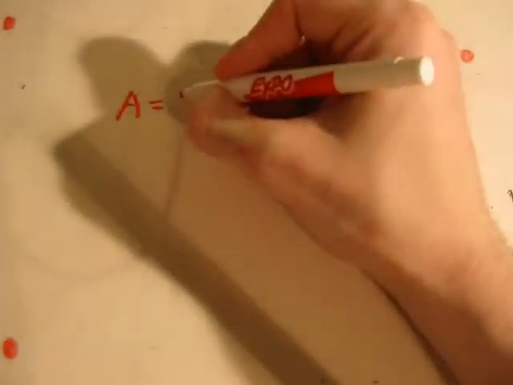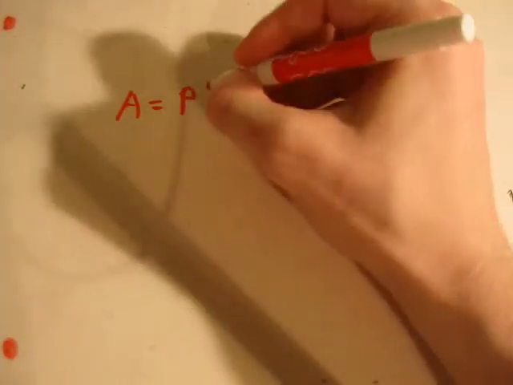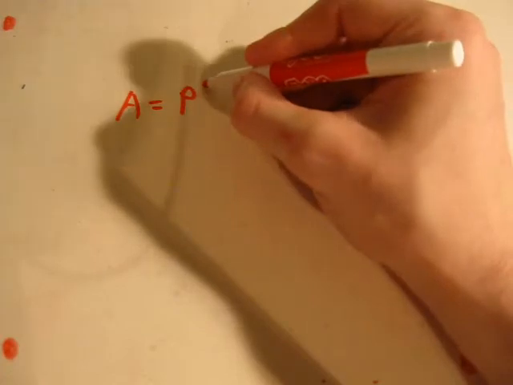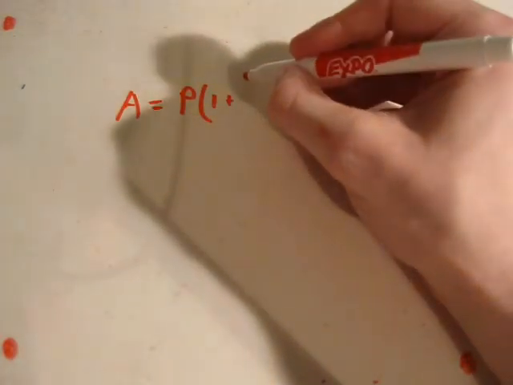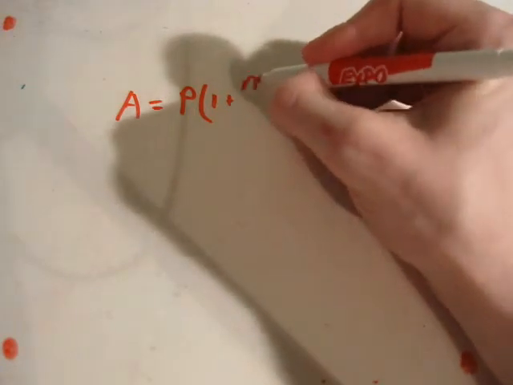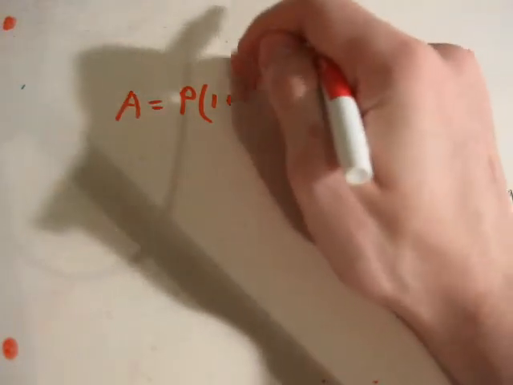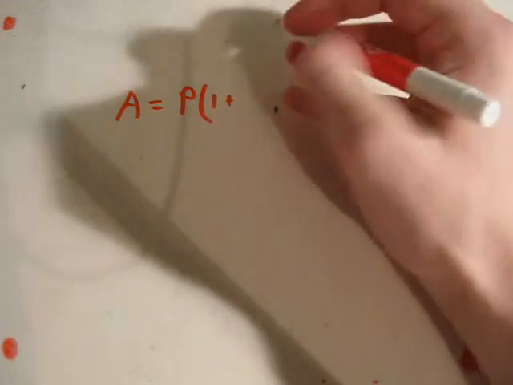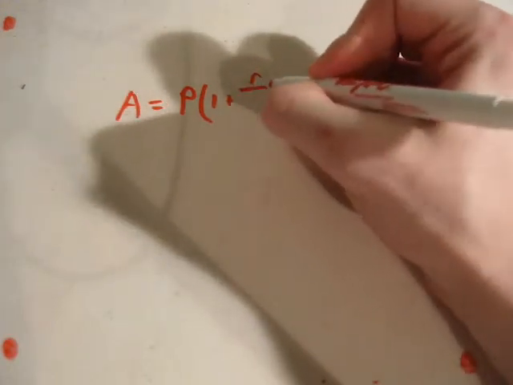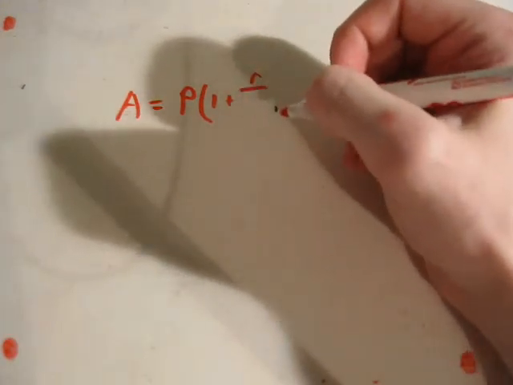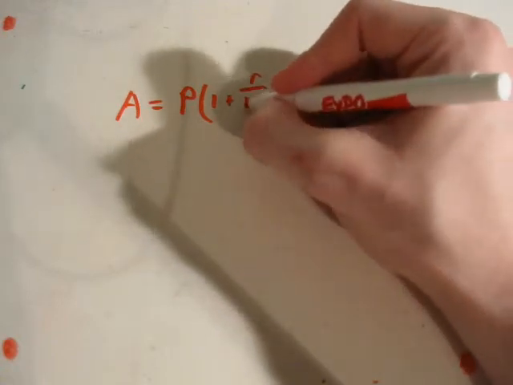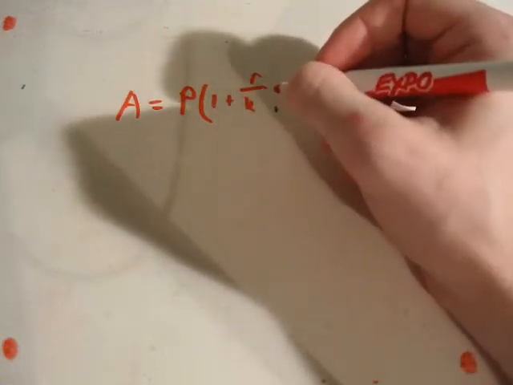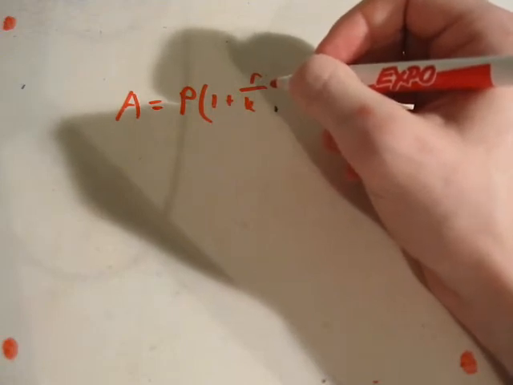So, first we have a principal, P, times the quantity of 1 plus a number n. Sorry, I think I'll choose R for this one, because this is going to be the rate at which your account will earn interest. K will be the number of times your account's going to compound on itself.